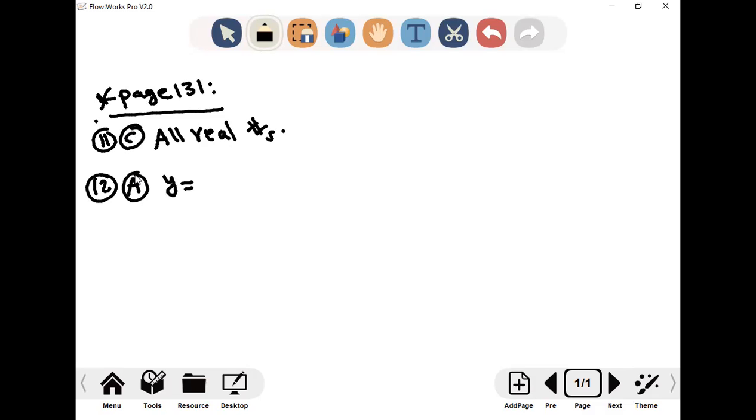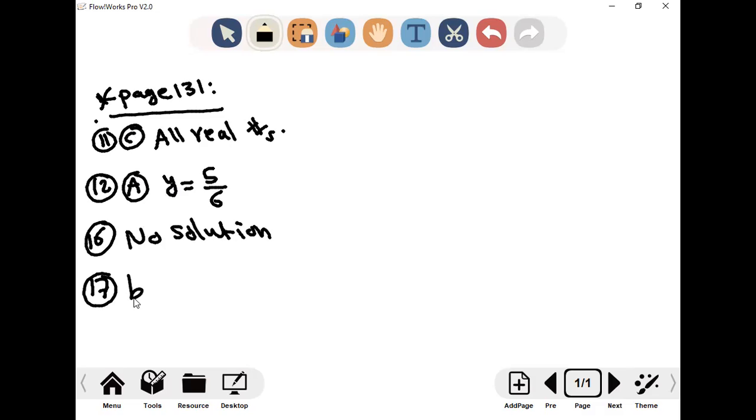Question 16: no solution. And question 17: b equals 8. Done? Any questions about these four questions?